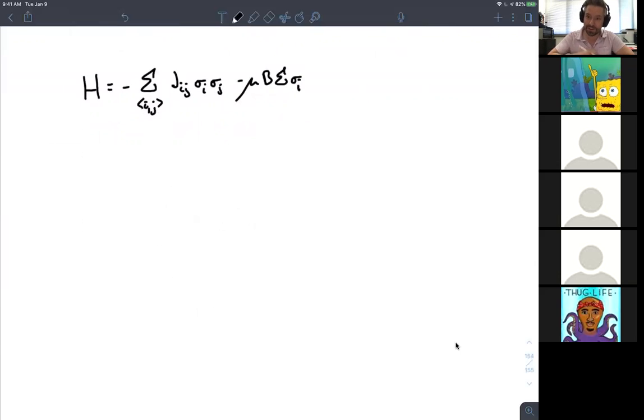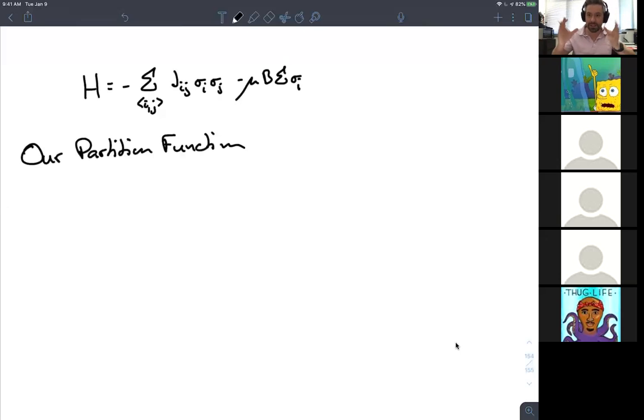So the next step together is we take this Hamiltonian and we start sticking it into some exponentials in order to calculate a partition function. So now let's use this Hamiltonian to calculate our partition function. Again, the number of spins is fixed, so the natural system to work in here is the canonical ensemble, and hence the Boltzmann weight we're going to use is just e to the minus beta times the Hamiltonian.